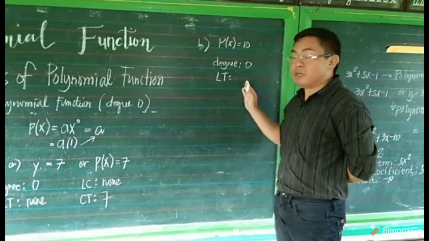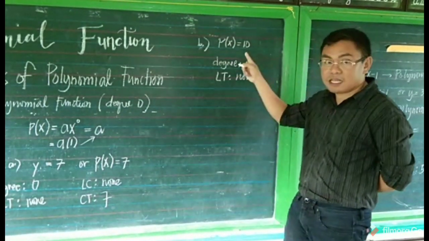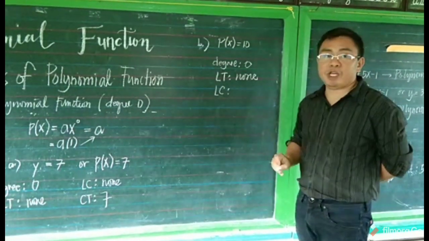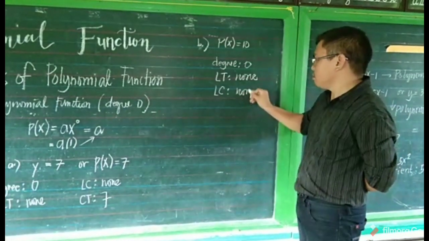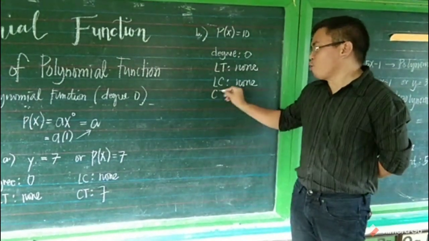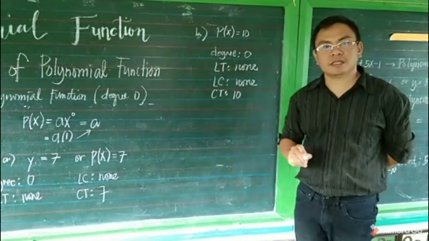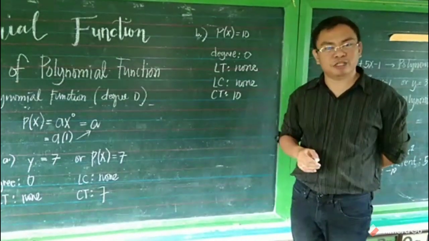And our leading term here is none. We don't have that in the given. Then, since we don't have a leading term, we don't have also a leading coefficient. And our constant term is, of course, 10.